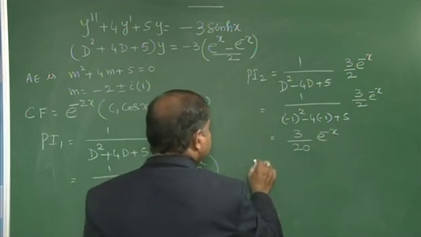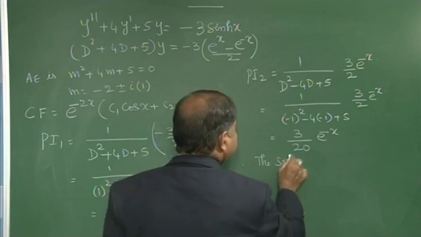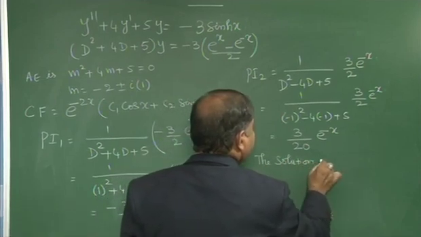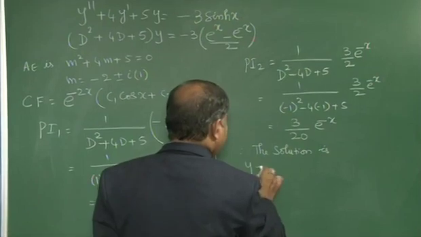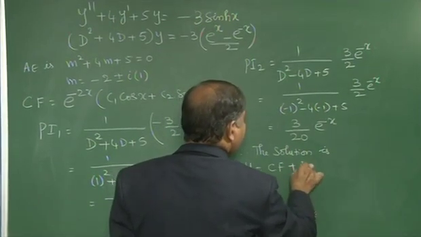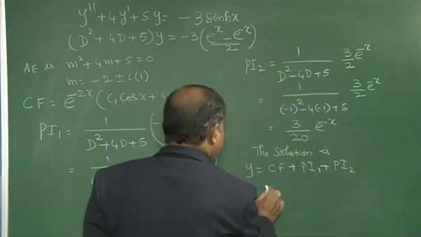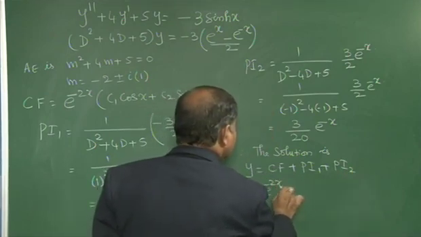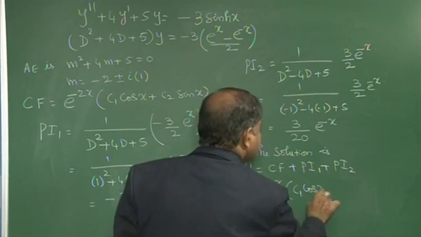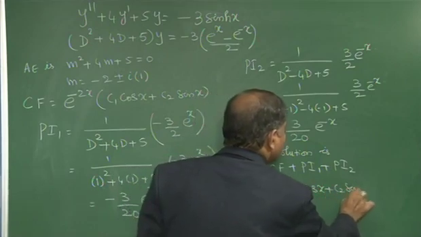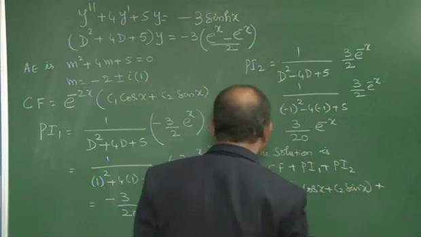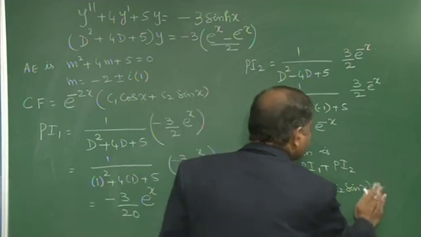Therefore, the solution is y equals CF plus PI1 plus PI2, that is e power minus 2x into C1 cos x plus C2 sin x, plus, here you got minus, correct.